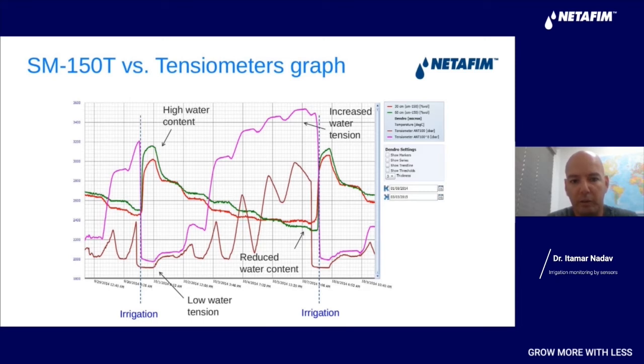And after that, you can see the reduction in water content because of plant consumption, and you can see the increasing of water tension. And then the second irrigation, and the water content increases and the water potential drops down.